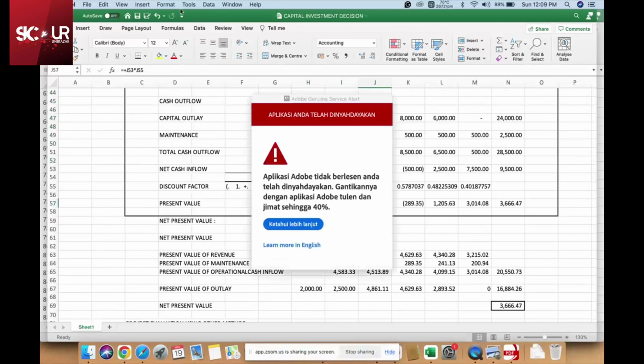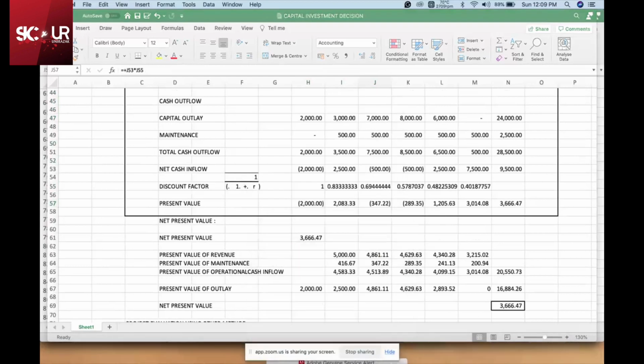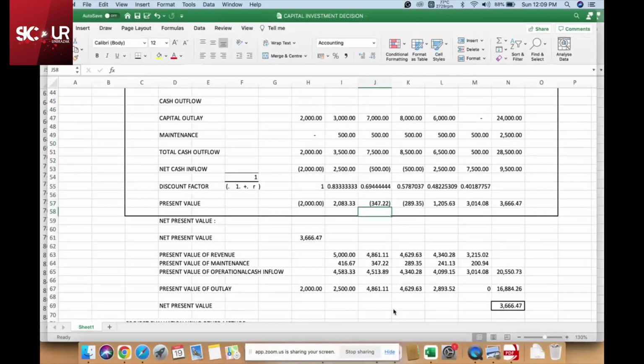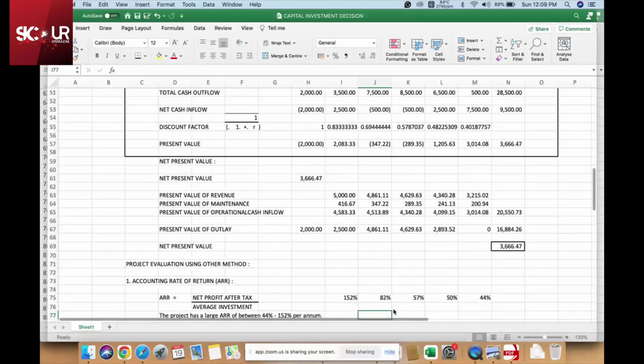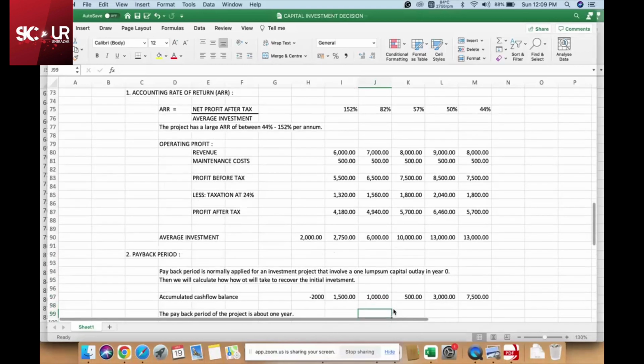So you have the average investment. This is to calculate the accounting rate of return. So you get your accounting rate of return calculated here as net profit after tax divided by average investment.